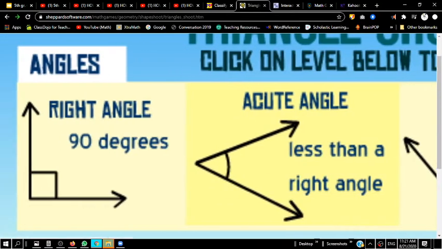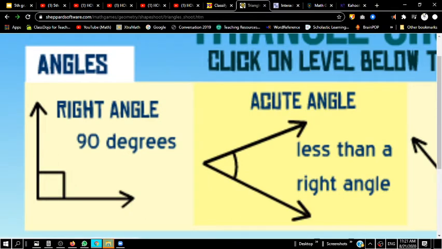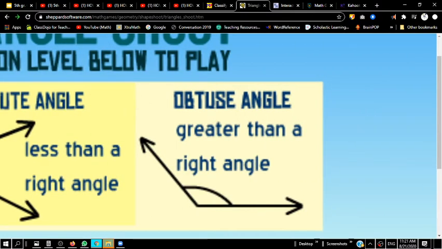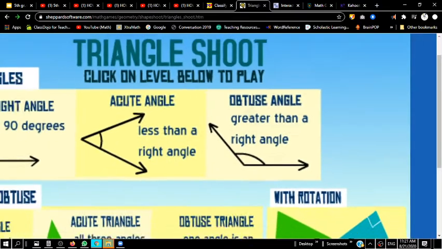A right angle is 90 degrees, in other words, like a square. An acute angle is less than 90 degrees, so it could be 85 degrees or 60 degrees, like in our first example. And an obtuse angle is larger than 90 degrees, so it could be maybe 100 degrees or 130 degrees.